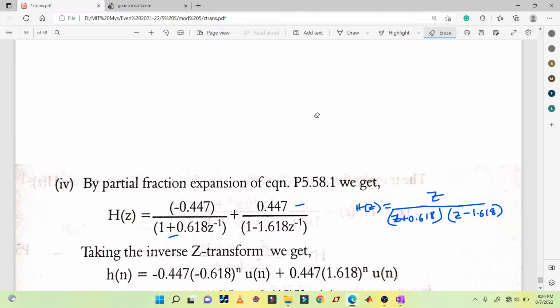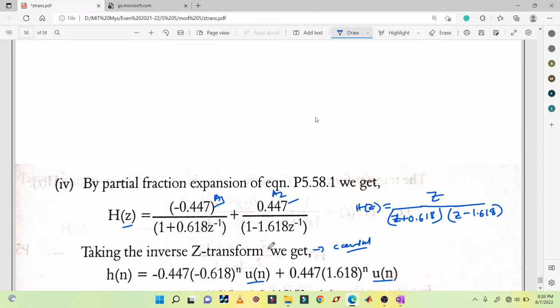So you can follow one method: either you convert everything into z or you directly use z inverse itself. So this is minus 0.447, whereas this one is 0.447. This is A1 and this is A2. Using this we rewrite H of z. Now taking the inverse Z transform for the causal system, for a causal system we always get u of n terms, correct?